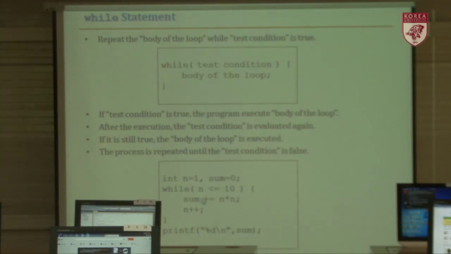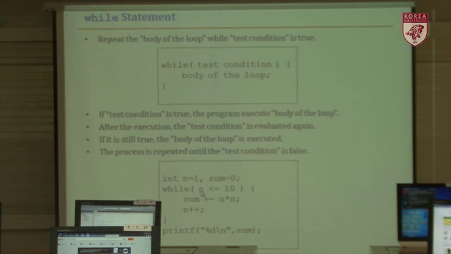Then these two statements are executed. Because n is 1, sum plus equal 1 times 1, so sum's value is 1. Then by n plus plus, n becomes 2. Then we go back to here again and evaluate the condition again.